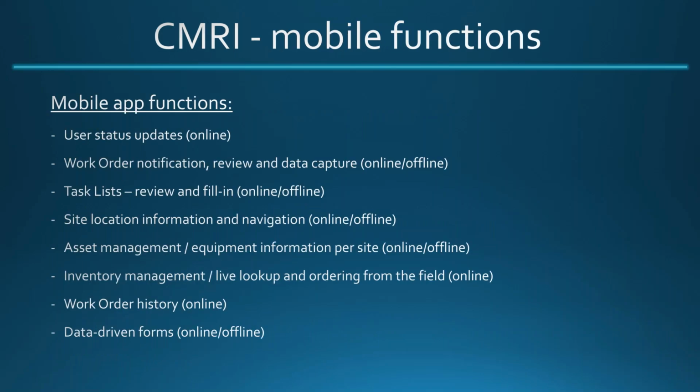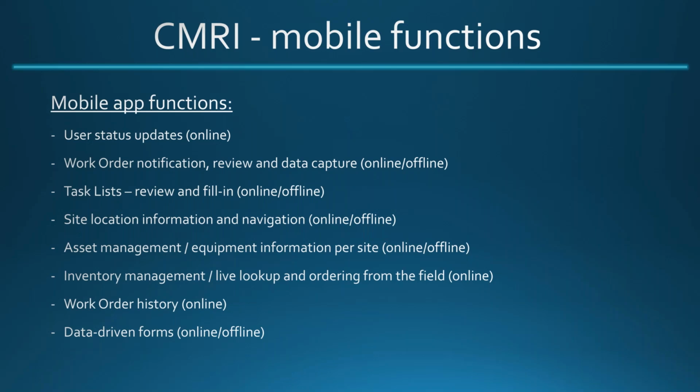If we focus on the mobile side and focus on the functional elements that the mobile app includes, as we saw in the previous slides, it had things like user status updates, work order assignments and items, work order dispatching, and also data capturing of the fields related to each work order.